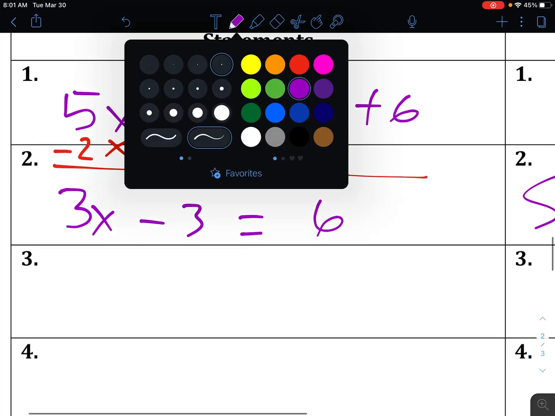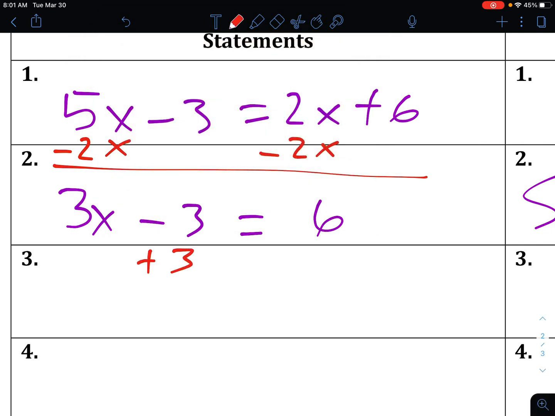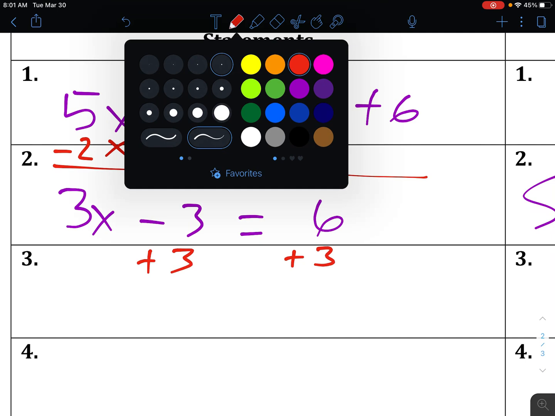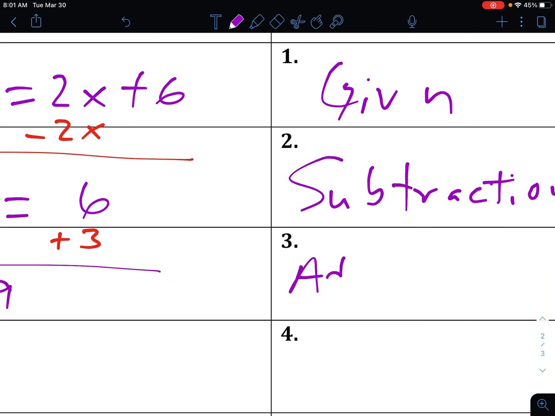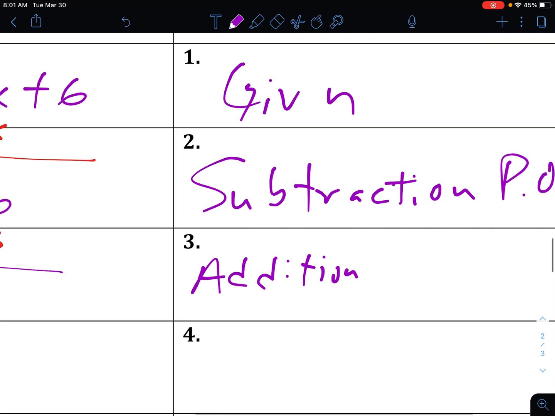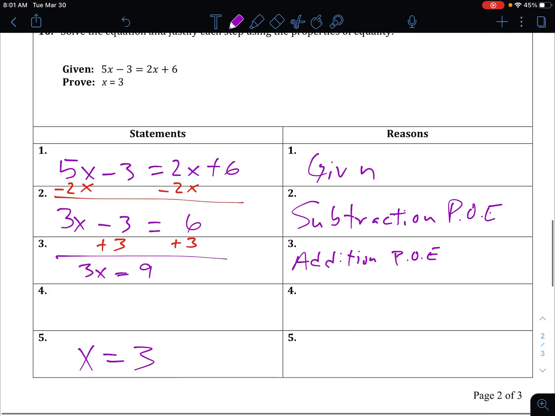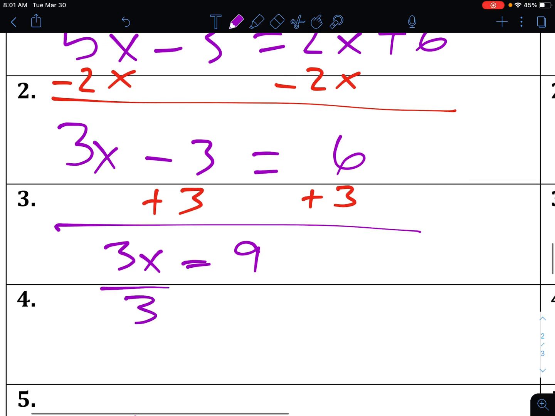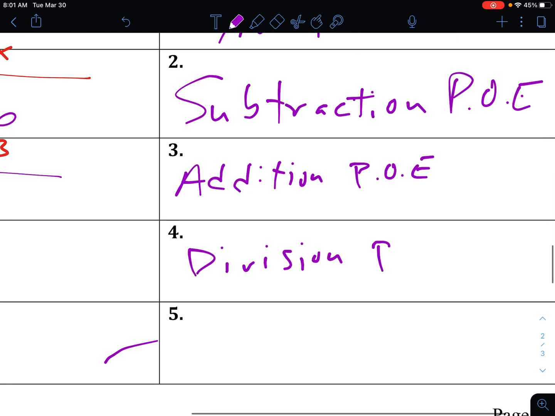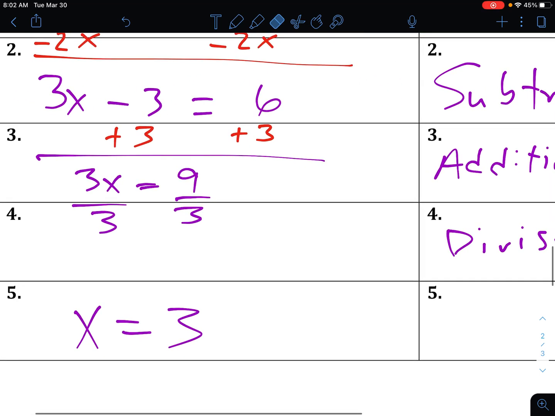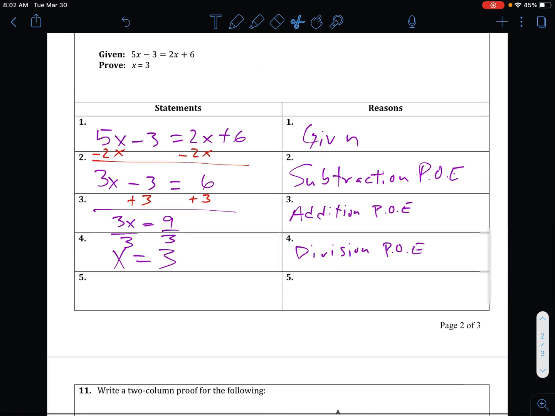And then we're going to add 3. Three x equals 9. And then we're going to divide by 3. And that was division property. And then since we had this extra, well, really I guess we don't need the way we're doing it because we're not putting simplified. We can put that right there.